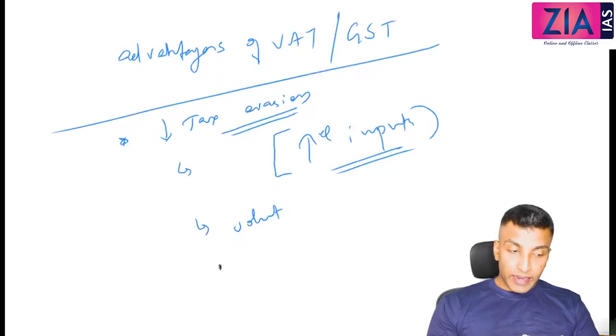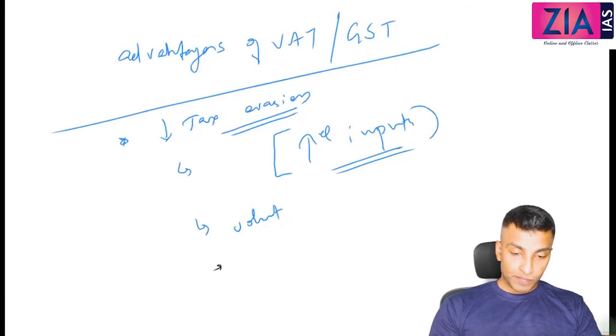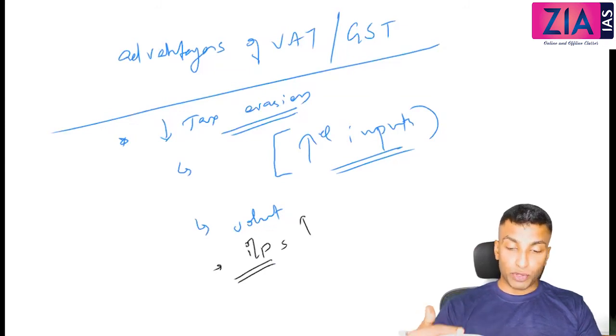Next point you can write: it encourages firms to purchase inputs from those firms which have paid taxes. Why will it encourage firms to purchase from those firms which have paid the taxes?